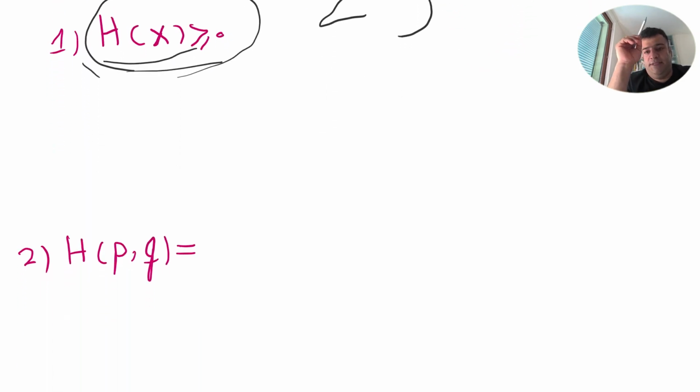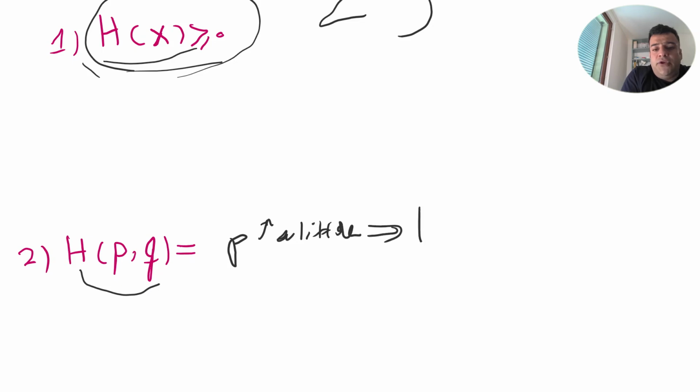And another thing: the entropy is continuous. What's the meaning of this? If you change P, for example, a little, your entropy changes a little too.